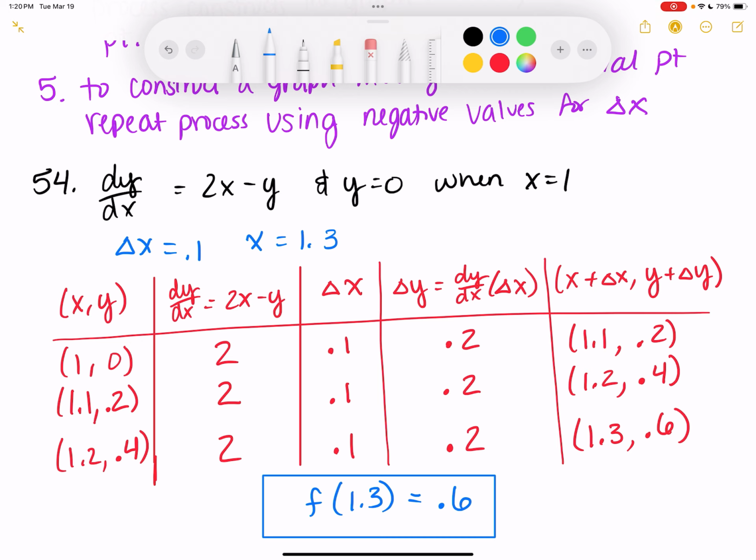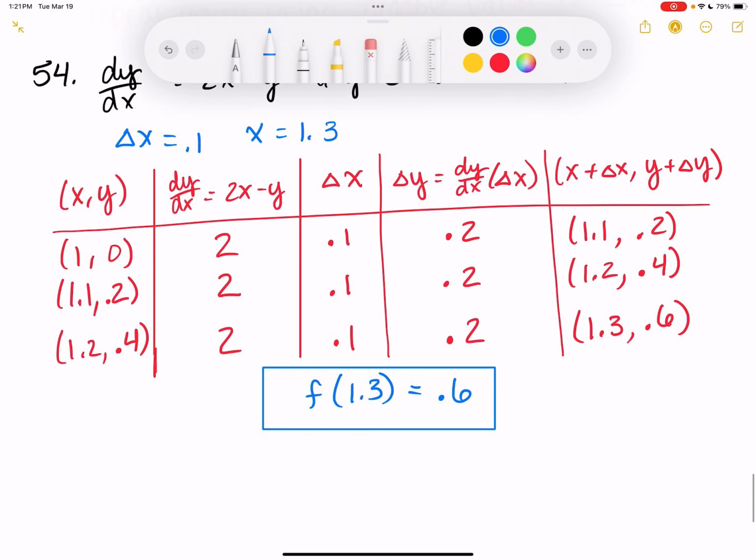All right, let's do one that's a negative one. Number 56. dy dx is equal to 1 plus y. y is equal to 0 when x is equal to 2.